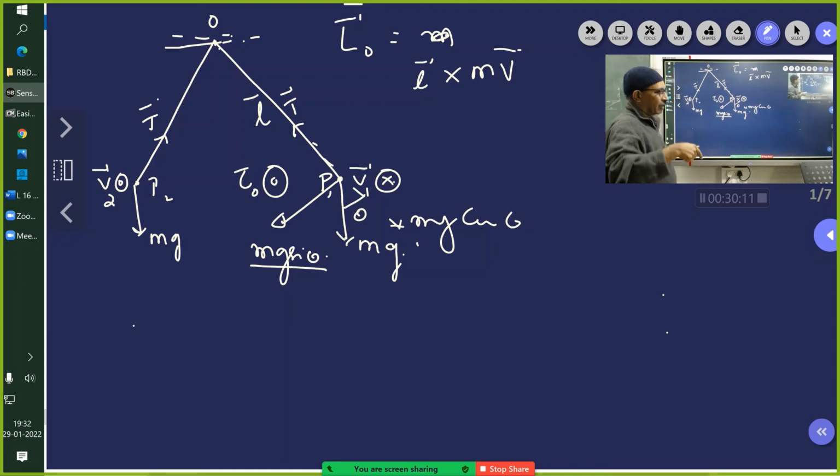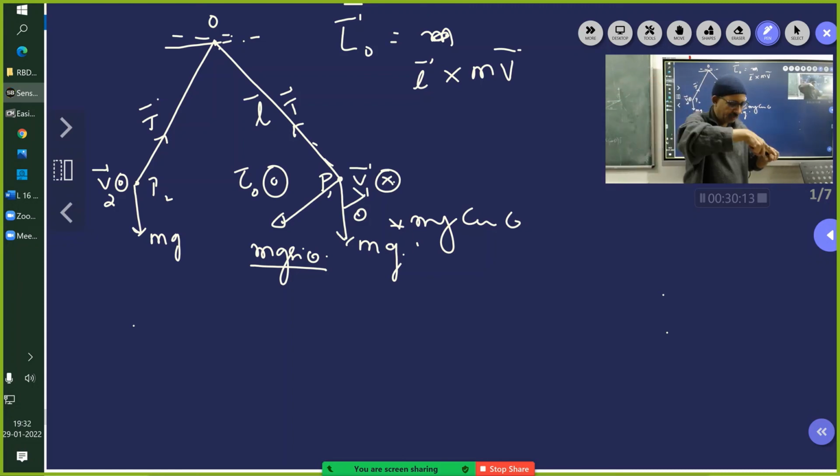L bar is like this, and mg is like this. So L bar cross mg sin theta, I am taking it. See, this is the tension.